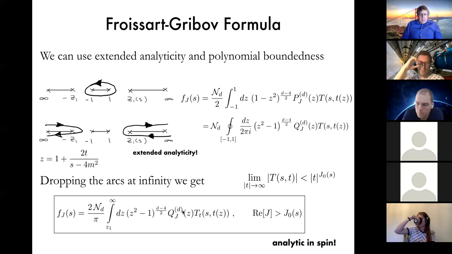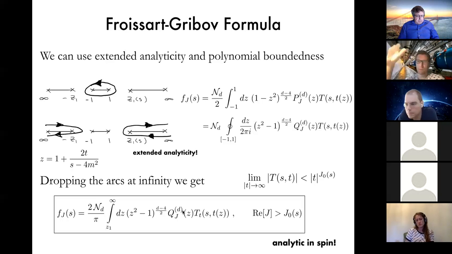In other words, you start with this function defined for integer J, and then this formula is manifestly a Carlson theorem, so there is a canonical analytic completion. In principle, if you consider non-identical particles, there are two analytic continuations. Here I'm considering identical particles, so there is just one function, which is analytic in spin.